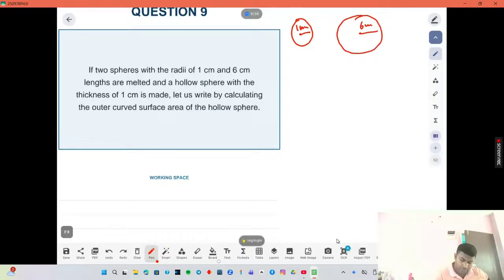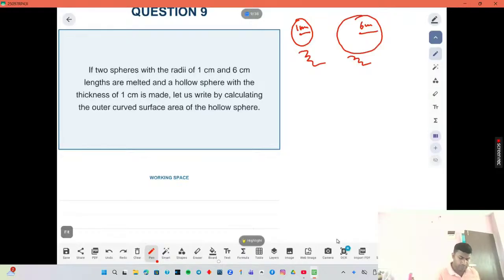These two spheres are melted, and a hollow sphere with a thickness of 1 centimeter is made.